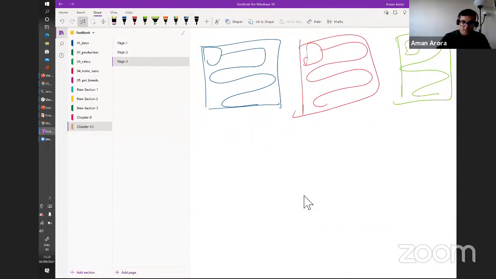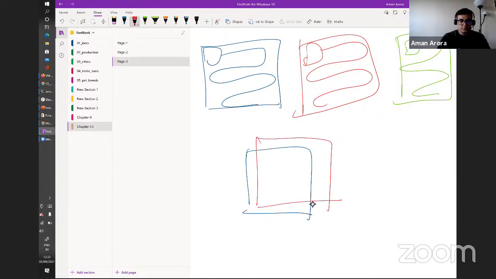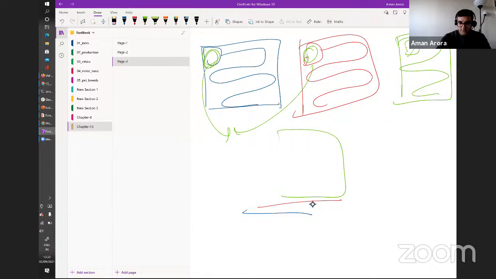So remember this, when I have my blue, red, and green, this thing is going to give me some output, this thing is going to give me some output, and the last one is also going to give me some output, right? So this is going to give me one feature map. Actually, I should just draw it with blue. So it's going to give me a smaller blue feature map.